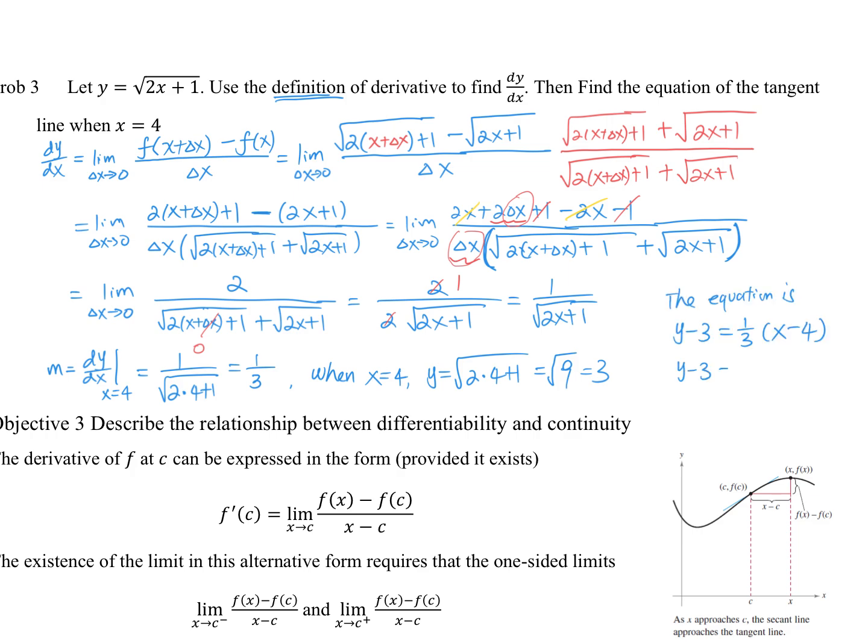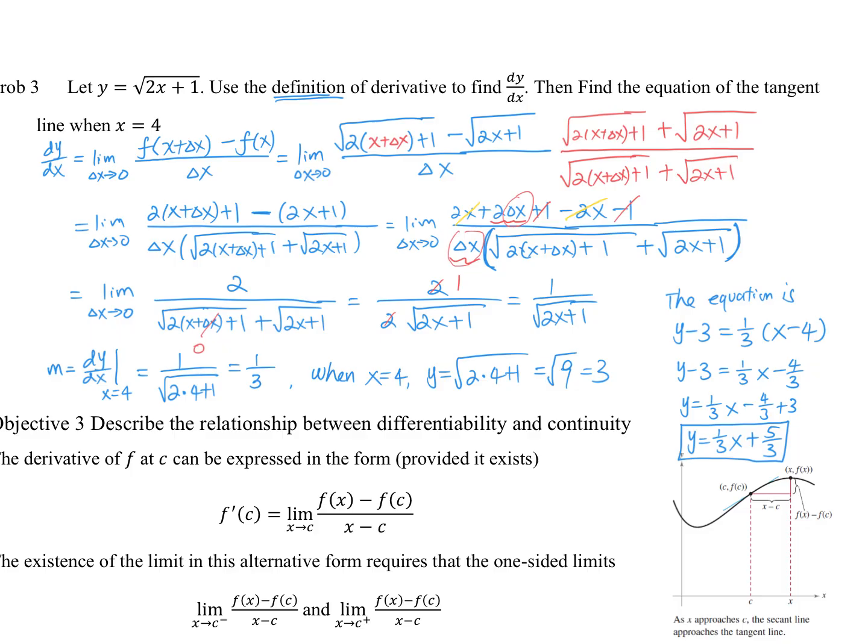And let's distribute. And then we have to add 3 to both sides. And 3 is 9 over 3, and we have a negative 4 over 3. That means we have 5 over 3, right? So therefore, this is actually the equation of the tangent line when x is equal to 4.